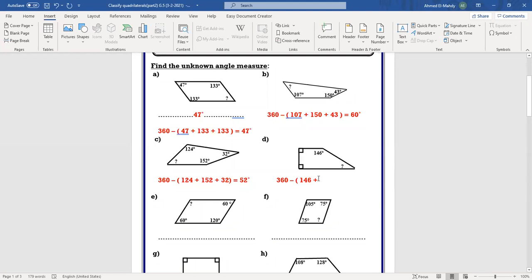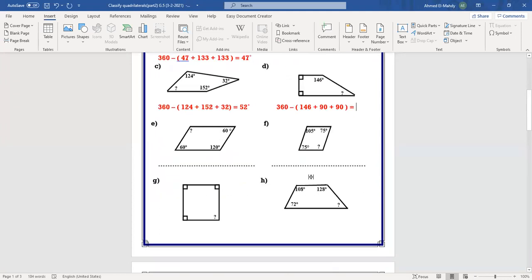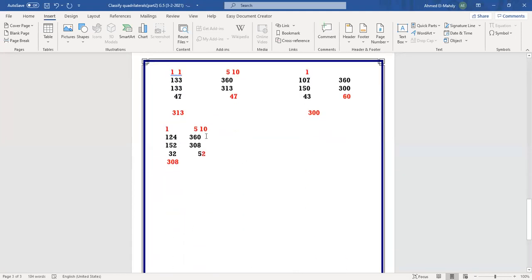It's a right angle. 90, right angle, plus 90. Okay, add firstly 146 plus 90 plus 90.